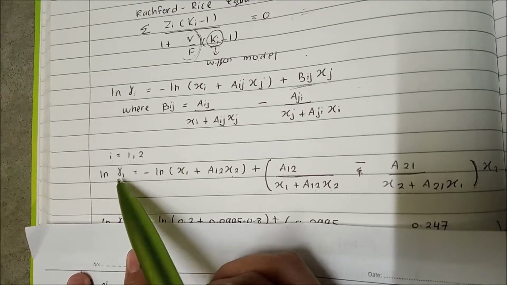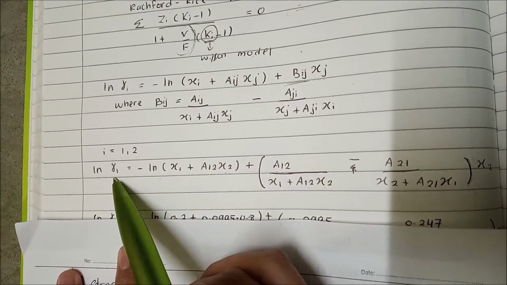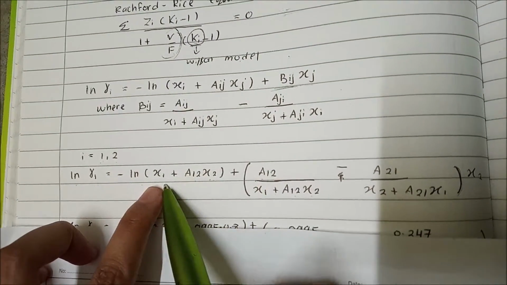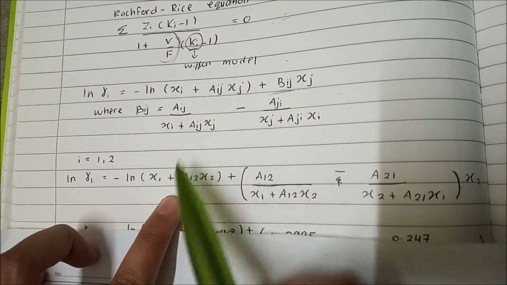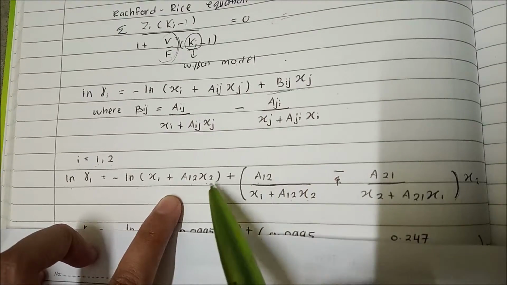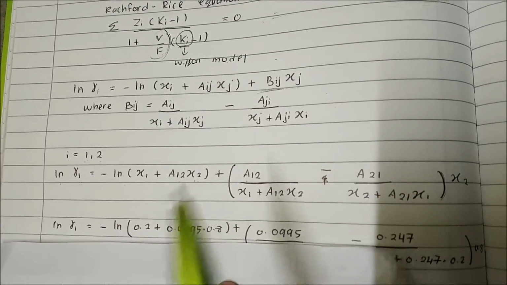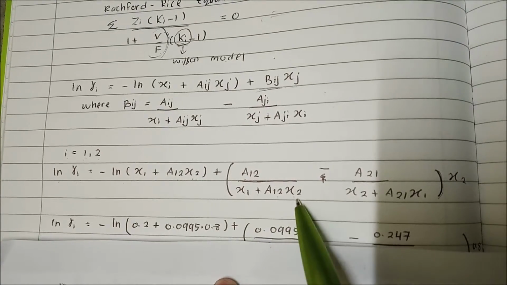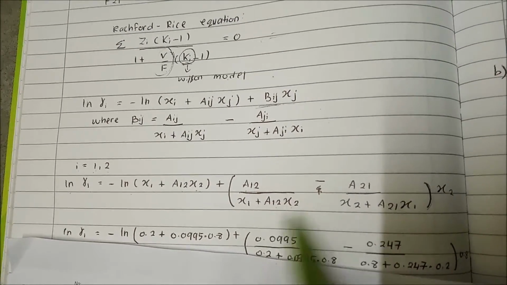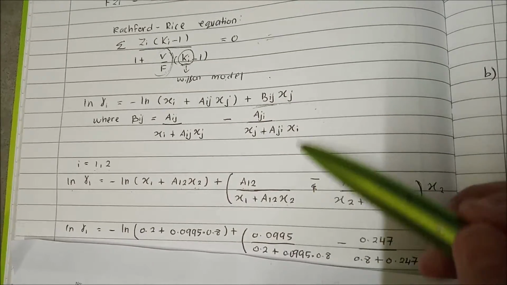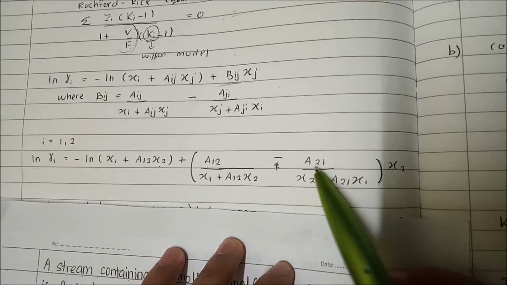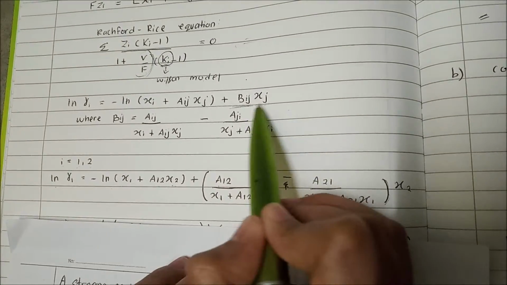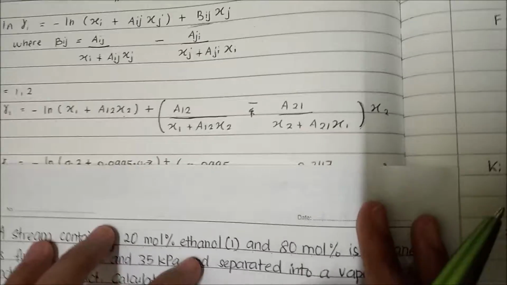So ln gamma 1, the activity coefficient, is equal to negative ln of x1 plus a12 x2, plus x2 times a12 divided by x1 plus a12 x2, this is the value for bij, I just explained it already, minus a21 divided by x2 plus a21 x1, times x2.